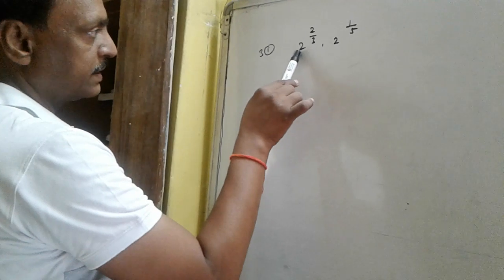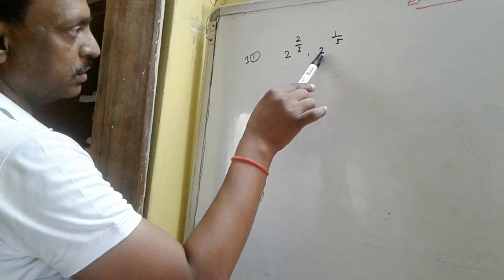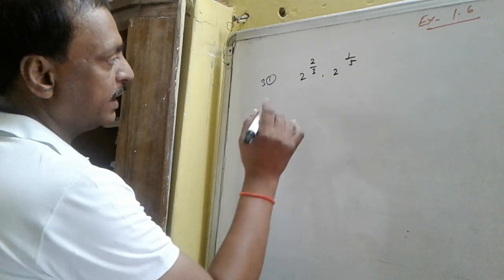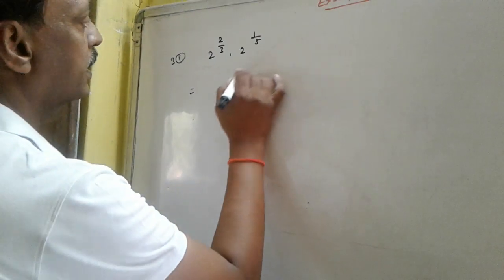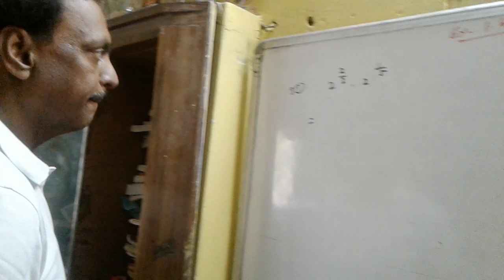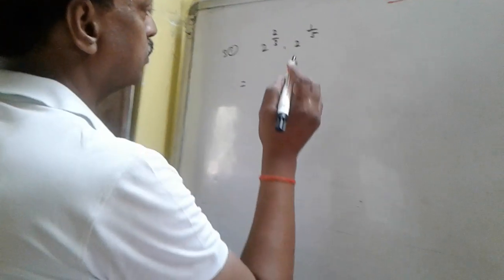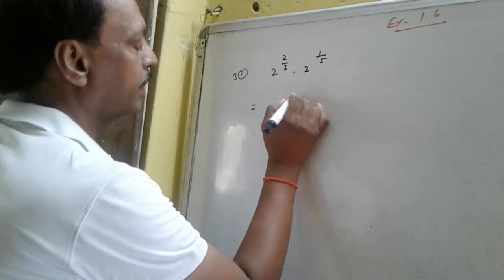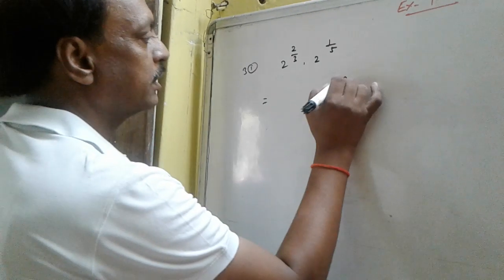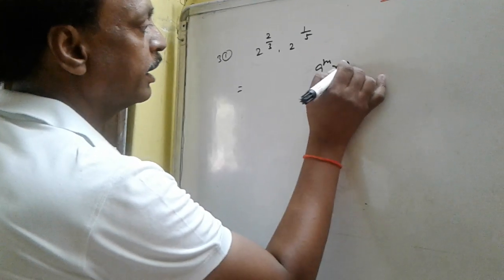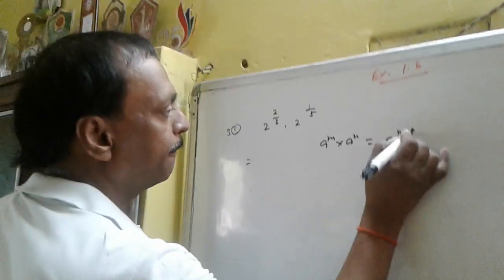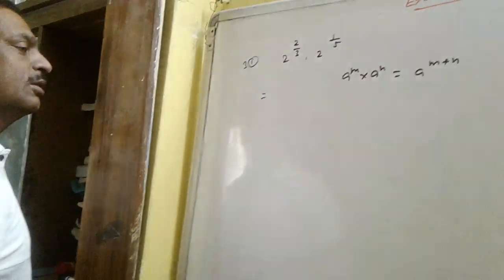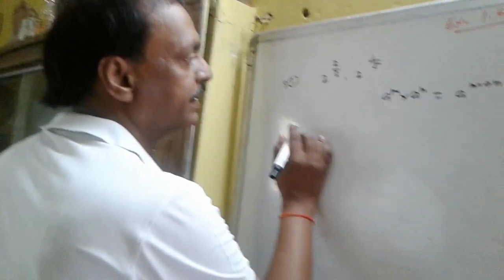The base is 2 and here the base is also 2. Sign of multiplication is there, so you know the formula: a to the power m into a to the power n equals a to the power m plus n. You have seen all these formulas in standard 7th and 8th.